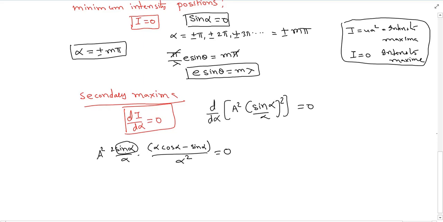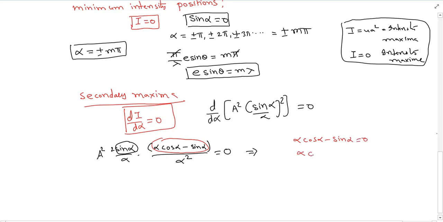Now what is the other thing we can make equal to 0? In this expression, the other thing we can make 0 is alpha cos alpha minus sin alpha. So alpha cos alpha minus sin alpha is equal to 0.